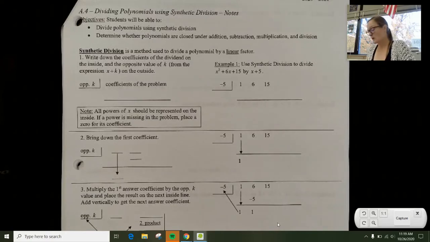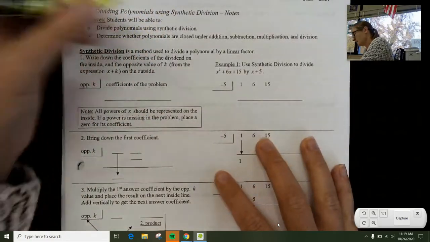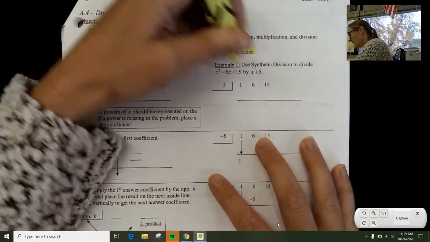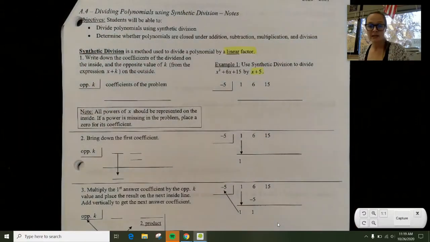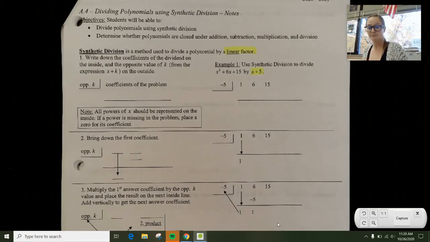So that means when your divisor is a linear binomial. So when you just have x plus a number or x minus a number. Technically, you could use it when you have any linear factor, but for the purpose of this class, we're just going to use it when you have x plus a number or x minus a number.